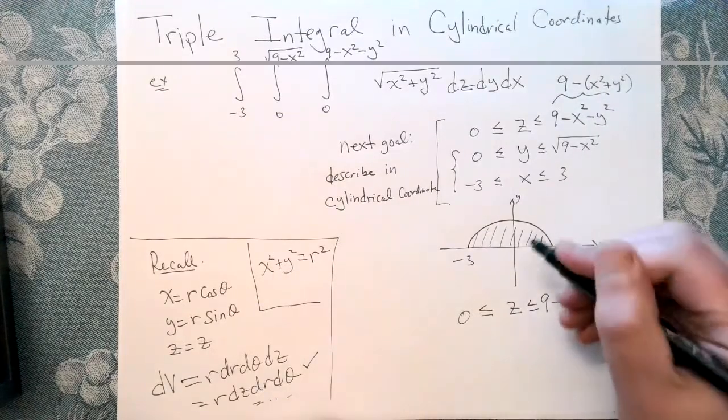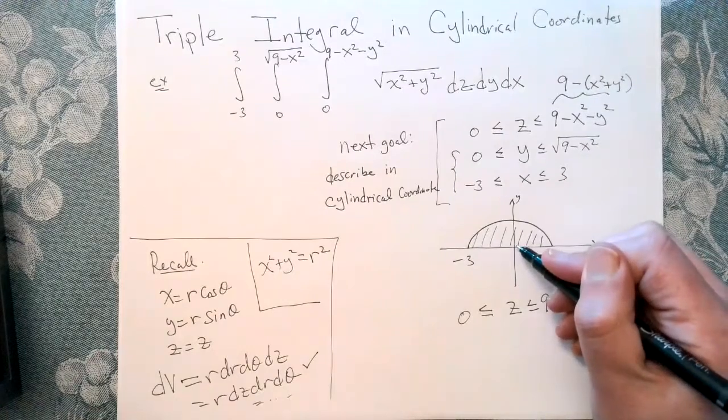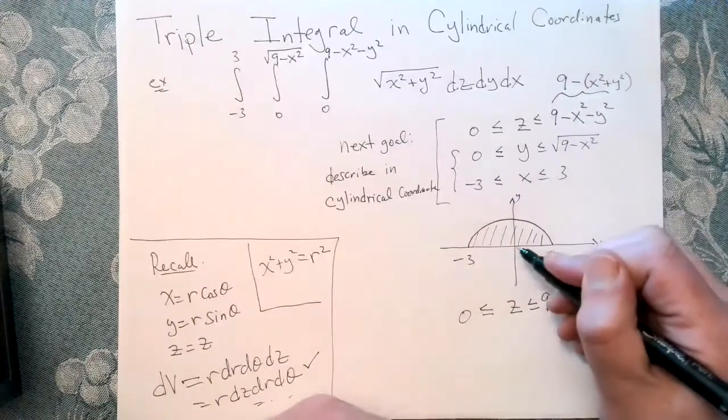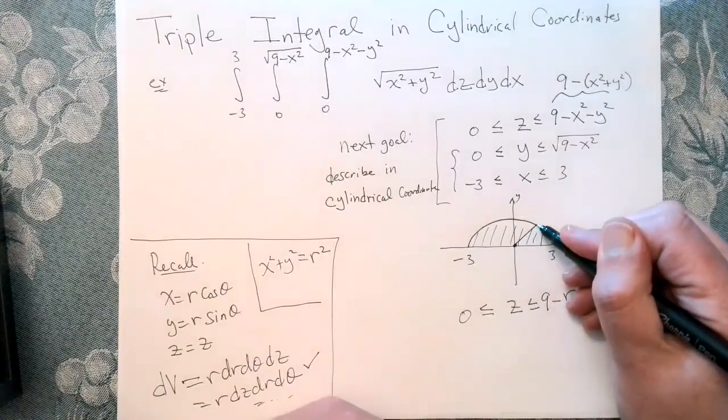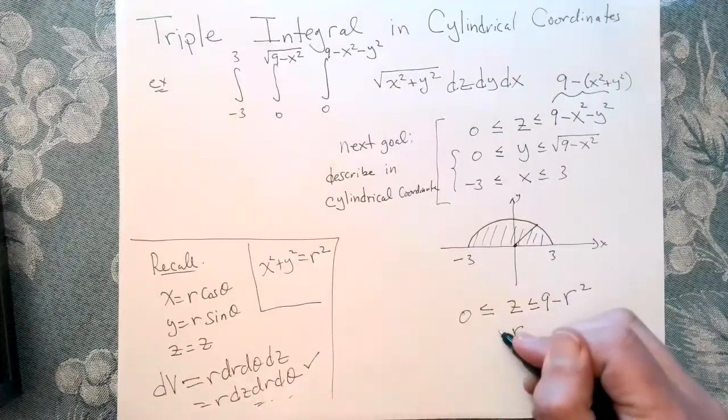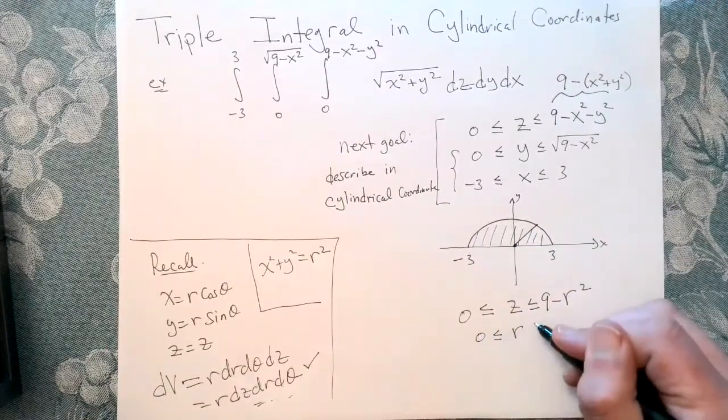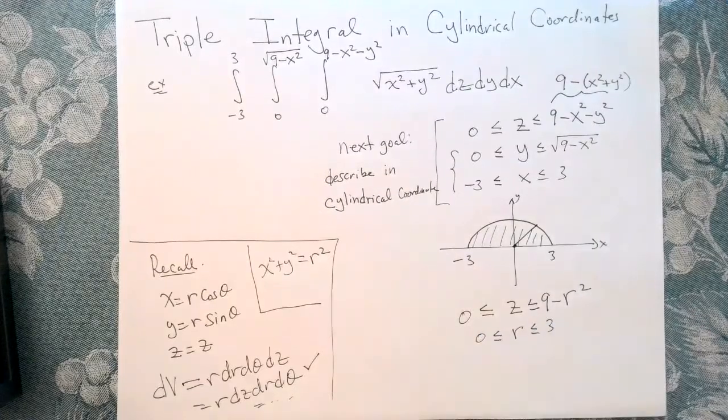Okay, so let's talk about r. r is the distance to the origin. So we pick up all distances from 0 to a max distance of 3 units away. So r will collect all distances from the origin of 0 to 3. And theta is measured from the positive x-axis, or the positive polar axis.